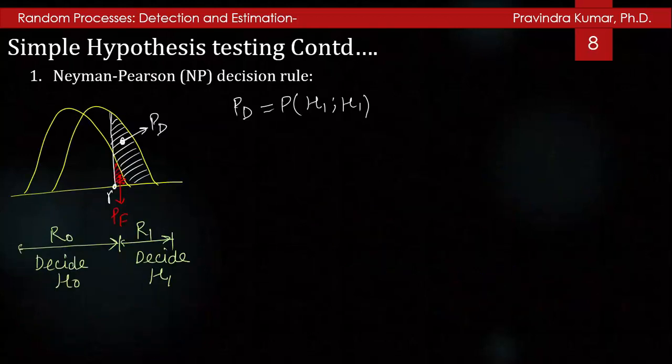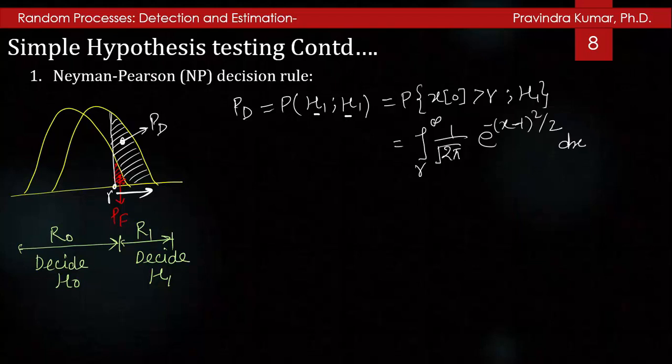And the probability of detection is the probability of deciding H1 when H1 is true. Here the region R1 is from gamma to infinity, so we integrate from gamma to infinity 1 upon under root 2 pi e to the power minus x minus 1 whole square upon 2, because under H1 the mean is 1.